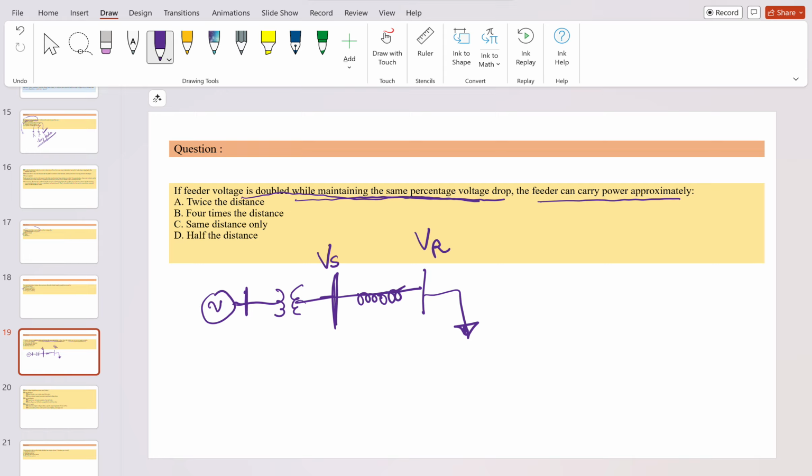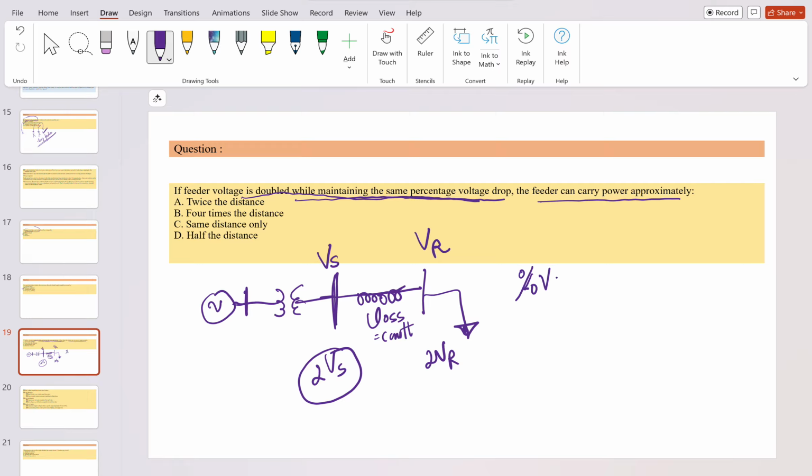So it means the voltage is doubled in what sense? Suppose the Vs got increased, then in the same fashion, because the losses will be constant, the Vr will be doubled, because it says there is the same percentage voltage drop.